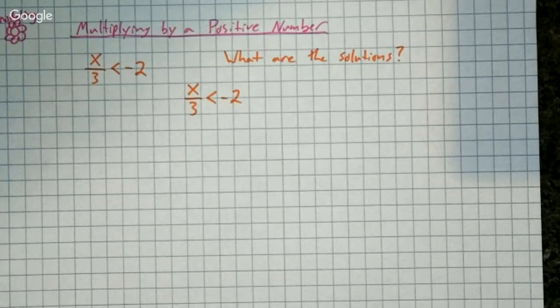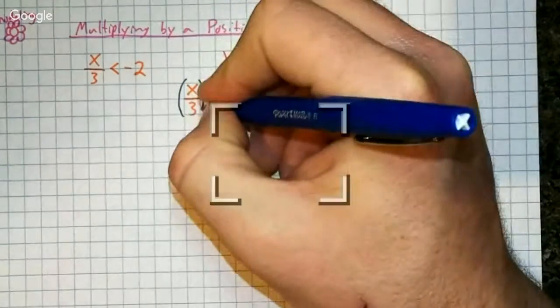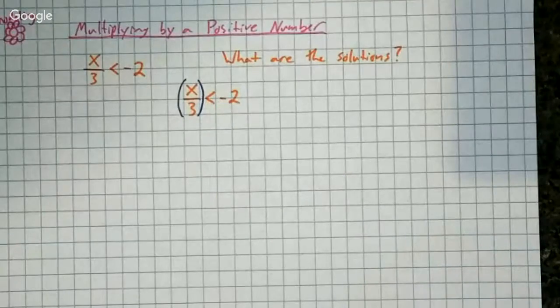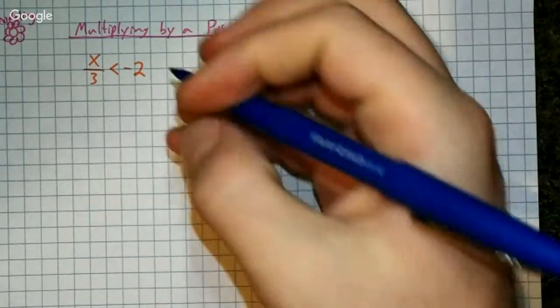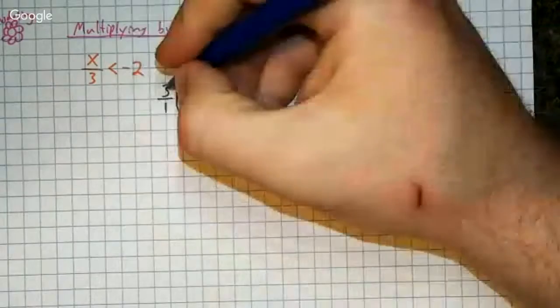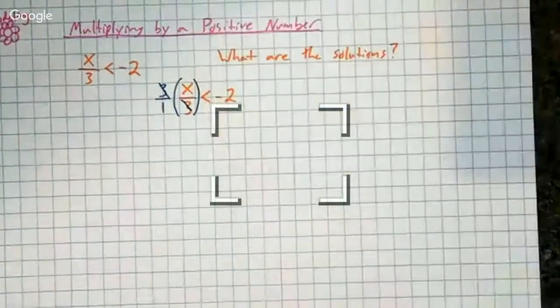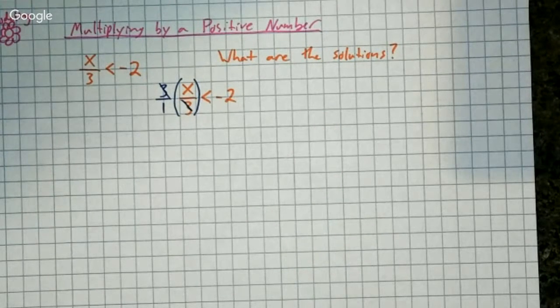So let's go ahead and do that. If I have x over 3, that means I need to get x alone. How will I get rid of this? Well, I'm going to multiply by something, and I need those 3's to cancel out. So I can multiply by 3, because 3 can also be written as 3 over 1. The 3's will cancel out, leaving me with x over 1, or just x.